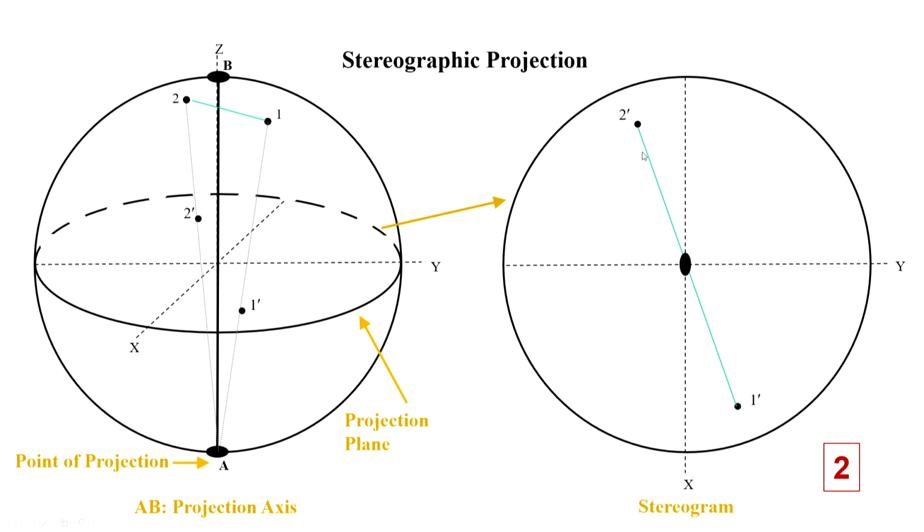This line that I have drawn joining 1 prime and 2 prime is just drawn for reference, it is not required. I can just show it as 2 points, and the two-fold rotation axis itself gets projected onto the center of the stereogram. So, this becomes symmetry 2, that it has a two-fold rotation axis.